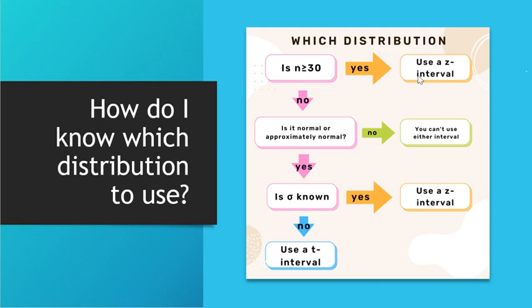If you do know sigma, then even if the sample size is less than 30, you can use the Z interval, because knowing that population standard deviation means we can use the normal distribution. This is not really something that happens very often, because if we know the population standard deviation, then we would know the population mean. So this is kind of a weird case. I threw it on there, but it's not something that happens very often in the real world.